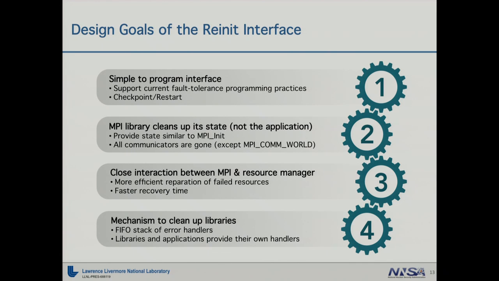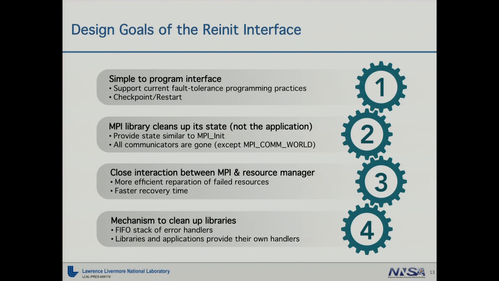The idea here is to provide support for standard or current fault tolerance approaches, in particular checkpoint restart, because applications already have checkpoint restart code, and so they can reuse their checkpoint restart code to tolerate faults in MPI applications. The idea is that when we have a failure, we clean up the state of MPI, and what we have at the end is a state similar to MPI init.